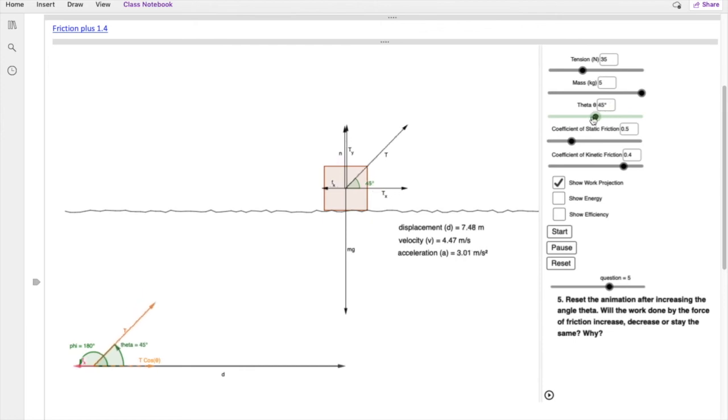We can see that the normal force has decreased as the vertical component of tension has increased. So it makes sense that the force of friction has decreased. And you can see that visually as well. If we run through this one more time, you can see visually that the arrow here is significantly shorter.